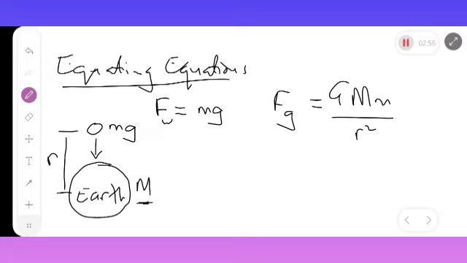Now the separation distance is the distance from the center of the earth to the ball. So we can clearly see that we have two concepts that can give us the same answer.